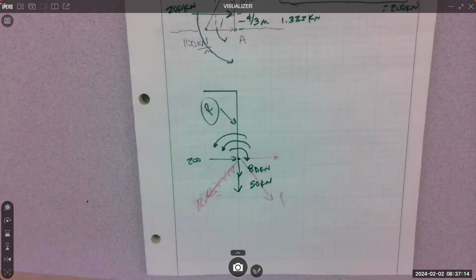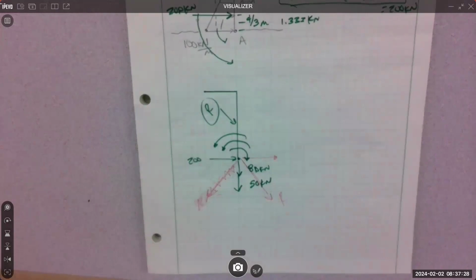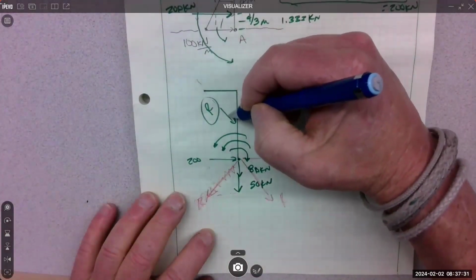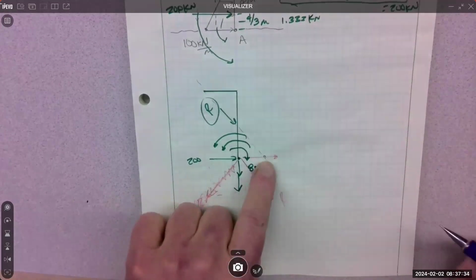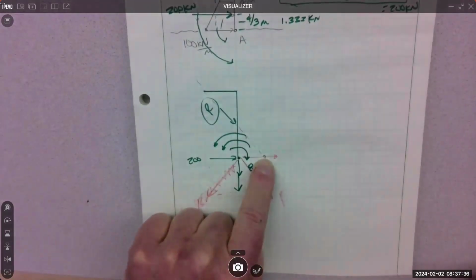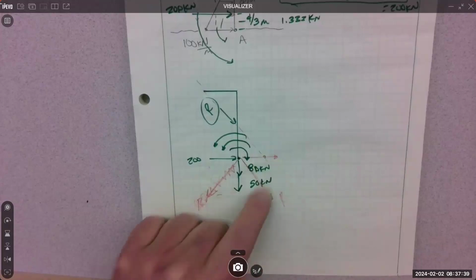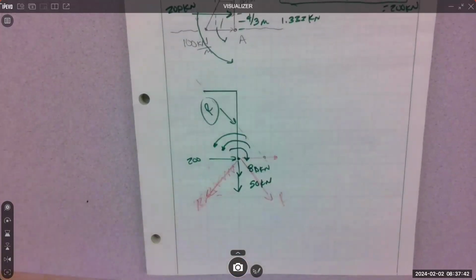So the problem says, find out where R is on the system and where it would intersect the grade. So R is up on the structure somewhere, but we know R has a line of action, right? Boom, right there is where R intersects the grade, back down to the ground. Wow, that's an interesting concept. But that's what they're talking about. This is the problem that says that, right?